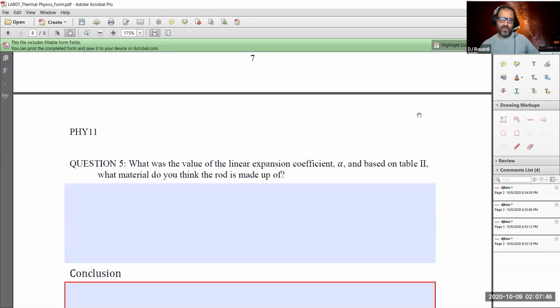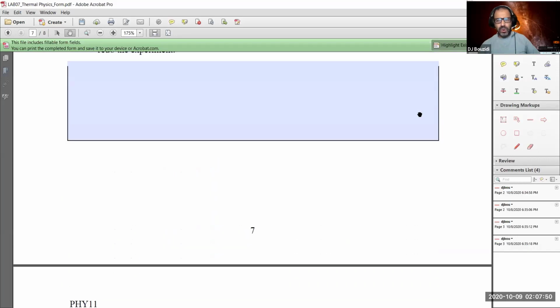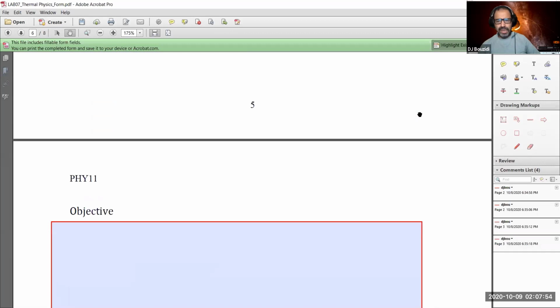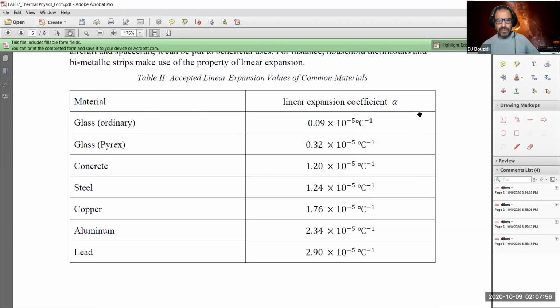Okay, question 5. Now, once you find alpha, you're going to go back to this table that has alphas in it, table 2, and you're going to tell me which material that is. Was the alpha close to this number, or this number, or this one?